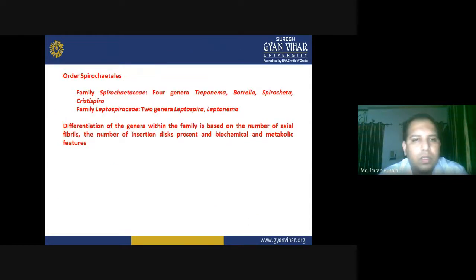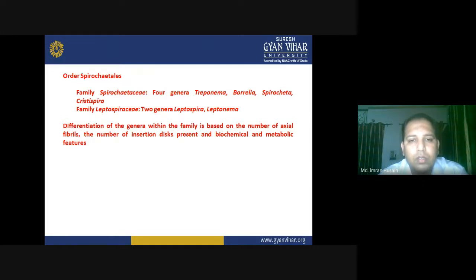Family Spirochaetaceae has four genera: Treponema, Borrelia, Spirochaeta, and Cristispira. And family Leptospiraceae has two genera: Leptospira and Leptonema.